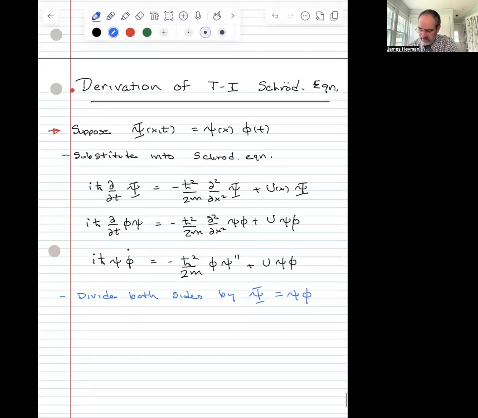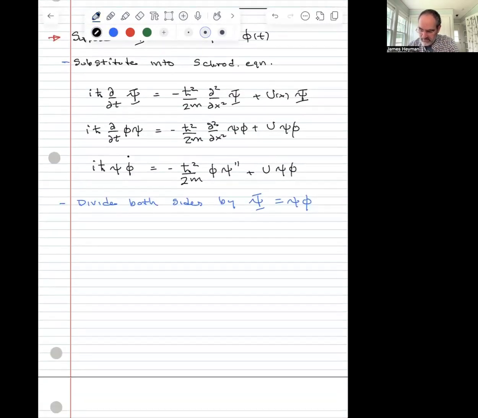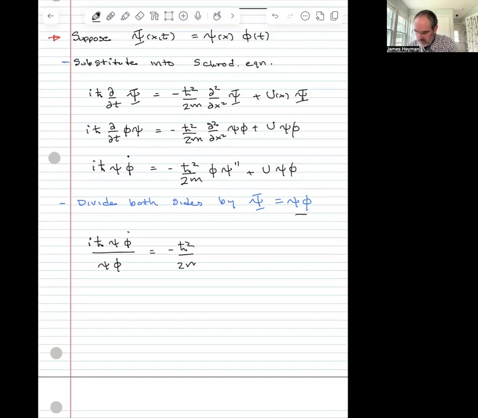Writing the wave function in this form, we have i h bar psi phi dot divided by psi times phi, equal to minus h bar squared over 2m phi psi double prime divided by psi times phi, plus U times psi phi divided by psi phi again.